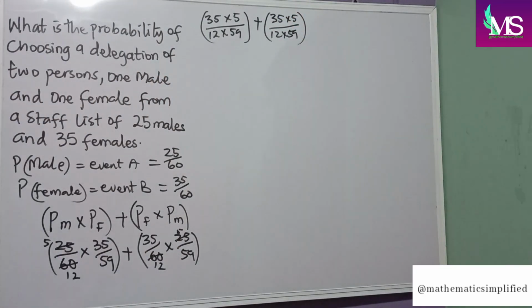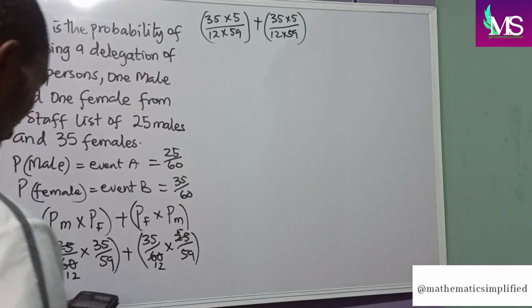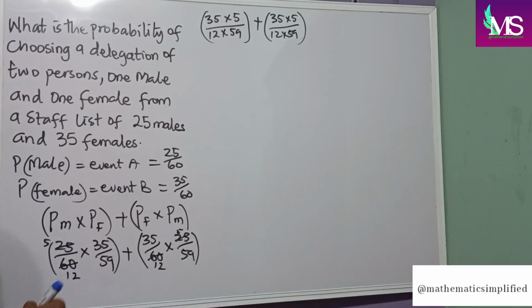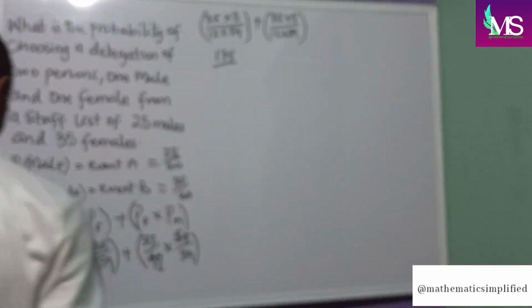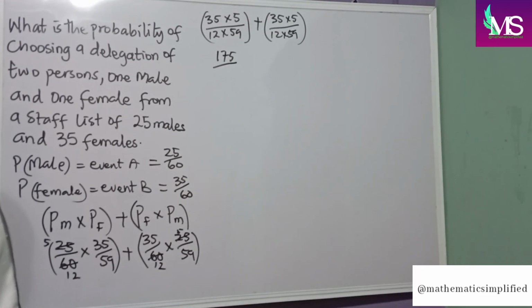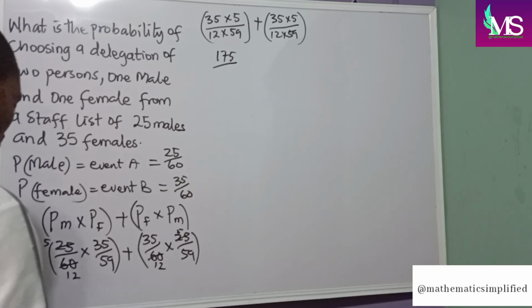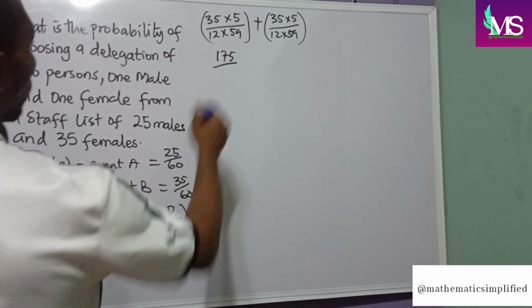So if we do 35 times 5, that will give us 175, all over 12 times 59, which will give us 708.